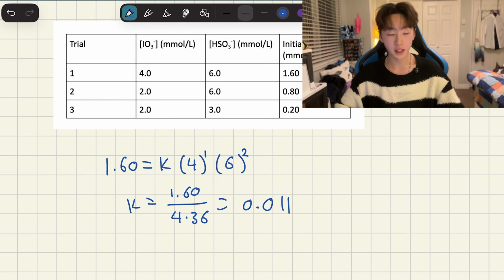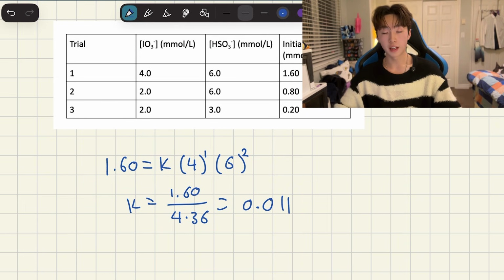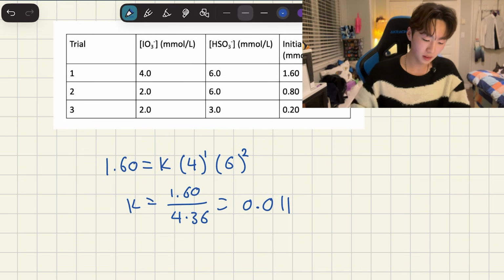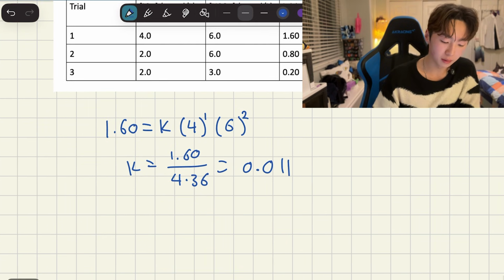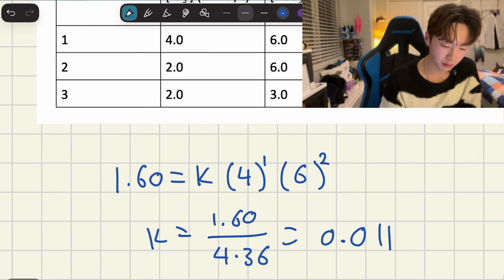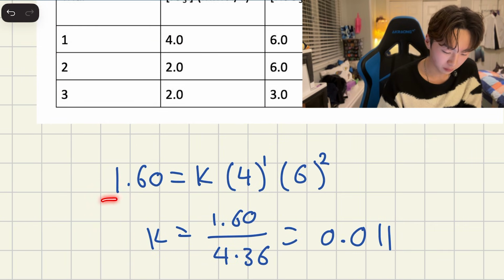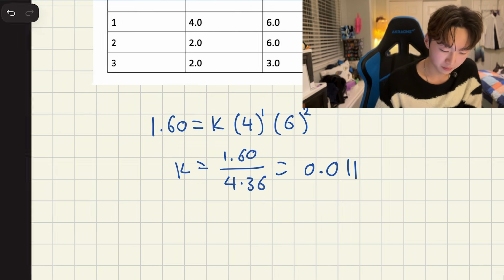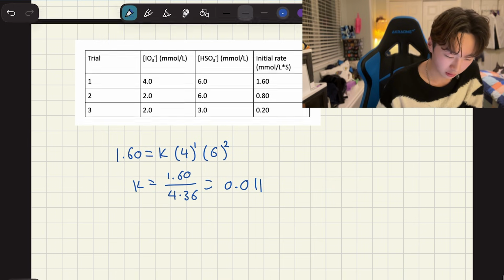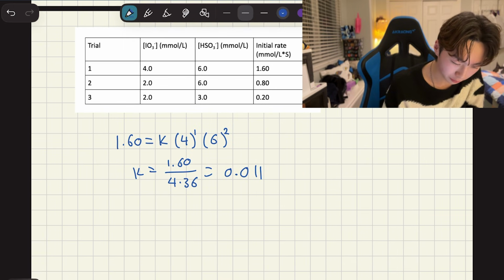Okay, so now we solve for the value of K, but we don't have the units down. So let's try to find what the units are. So how do we find K? What we did was we divided the rate by 2 concentrations, and the second concentration is squared. So let's look at our units. So for our rate, it says it's in millimoles per liters per second. So let's write that out.